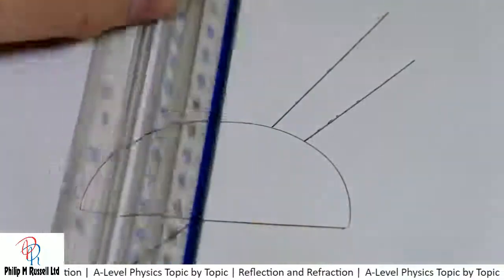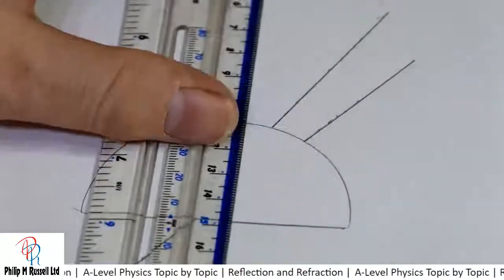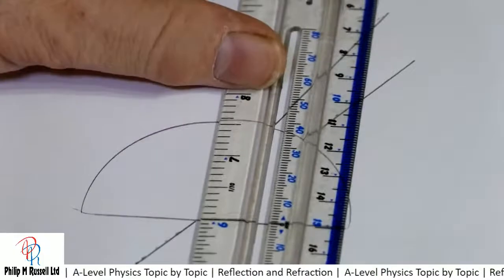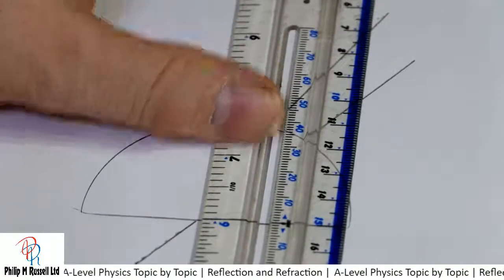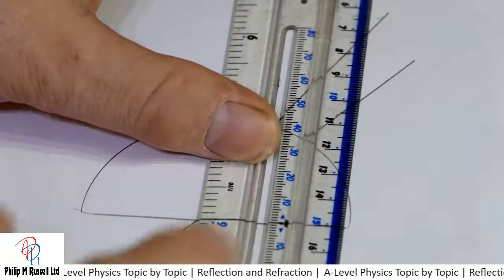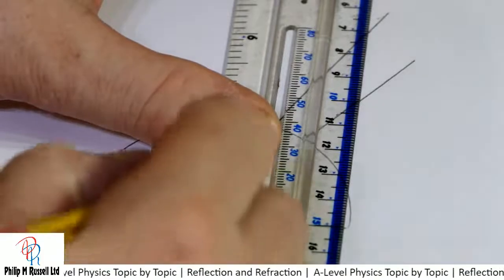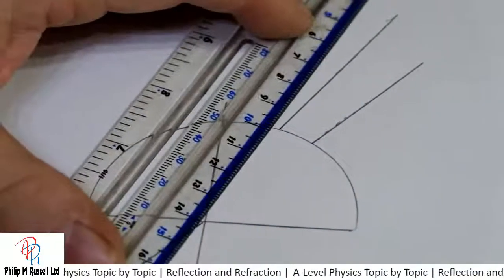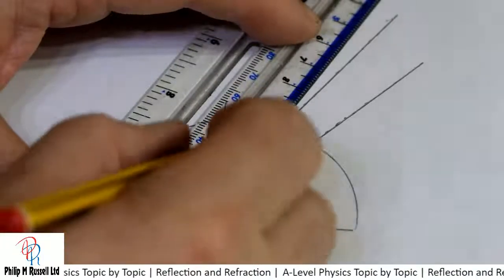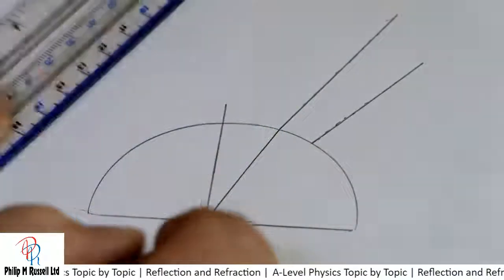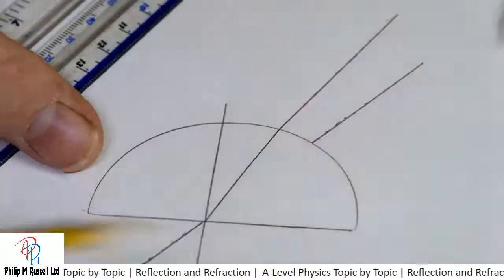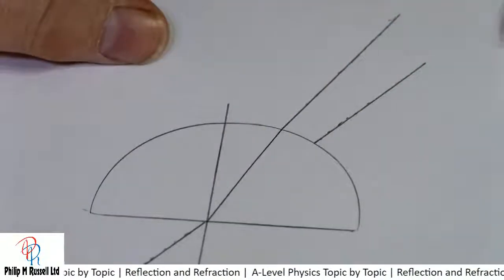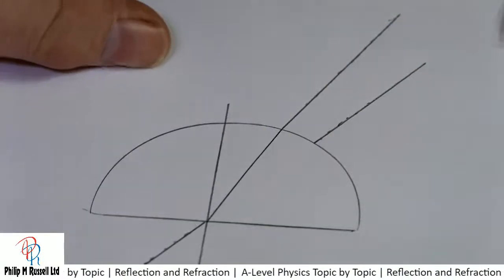Where we really were going out, I can put in my normal. And I can join these two up. And if all has worked out, and this is the same Perspex as the other one, then we should get the same refractive index.